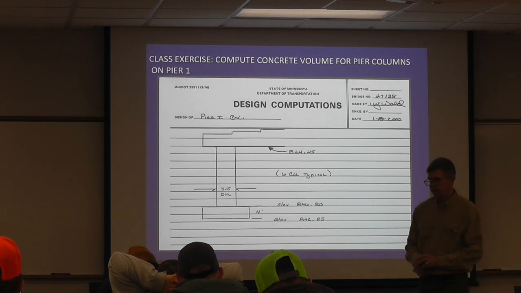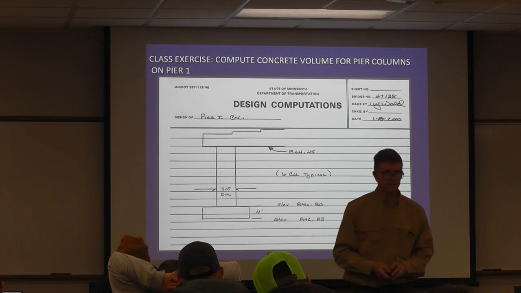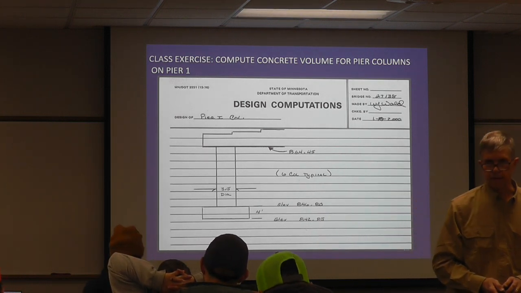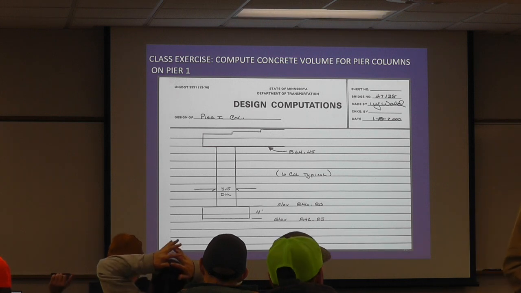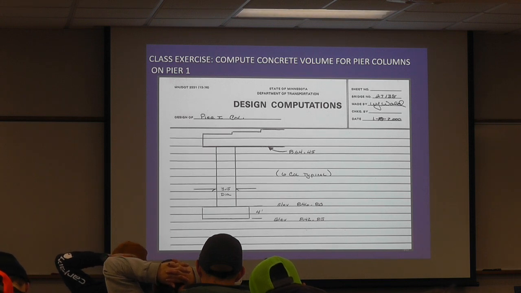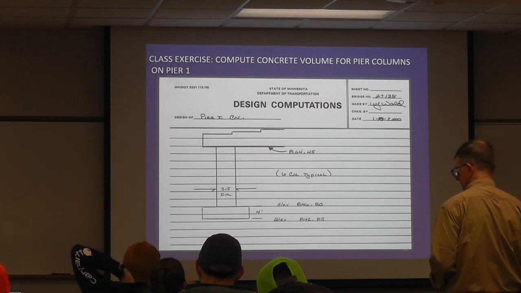Okay, anybody get a number yet? What do we got? 37.6. Is that per column or for 6? For 6 in cubic yards? 37.6, you guys agree? 37.6. Okay, let's see if that's right.